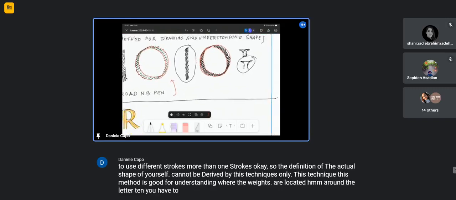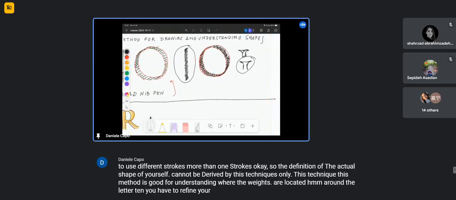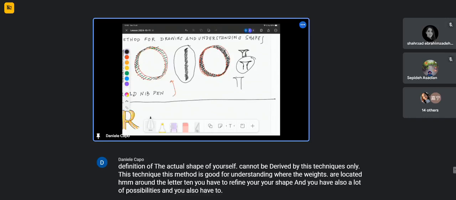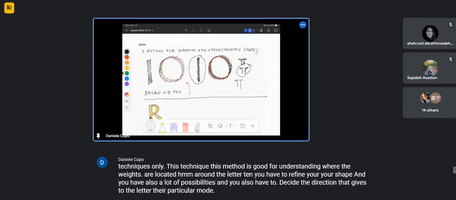Then you have to refine your shape, and you have also a lot of possibilities, and you also have to decide the direction that gives to the letter their particular mood.